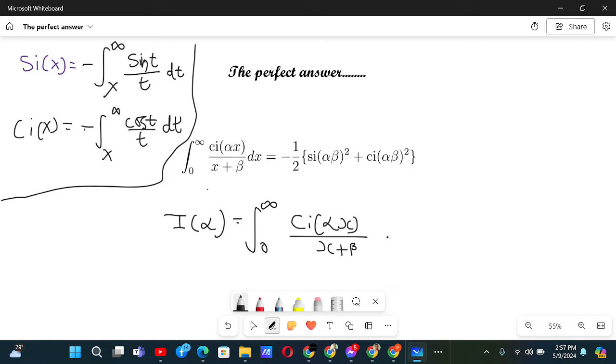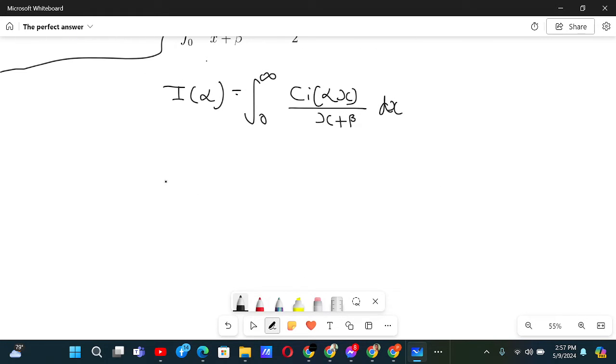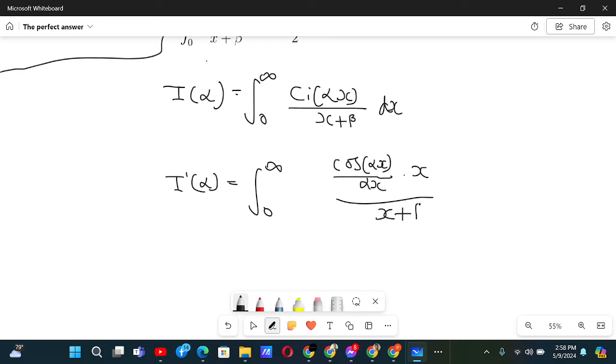If we differentiate, we get I dash of alpha as the integral from 0 to infinity of cos alpha x by alpha x. Since we are differentiating with respect to alpha, x is constant, so we take it out, by x plus beta. And these are just constant because we are differentiating with respect to alpha dx.